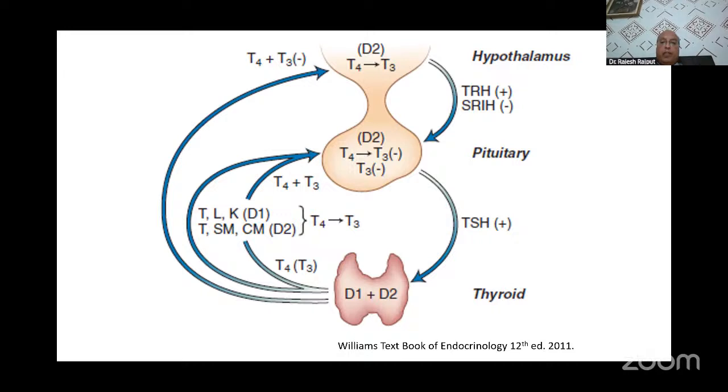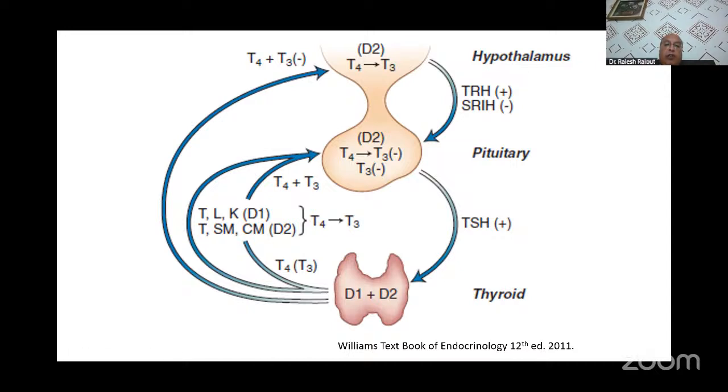From the pituitary, TSH is secreted, which in turn acts on the thyroid gland, resulting in secretion of T4 and T3 from the thyroid, which goes back to the pituitary and hypothalamus and controls the secretion of TSH and TRH. Now, as you see in this slide, there are also labels like D1, D2, and the one which is missing here is D3. Now, this stands for deiodinase enzyme.